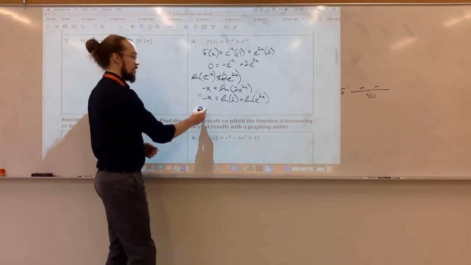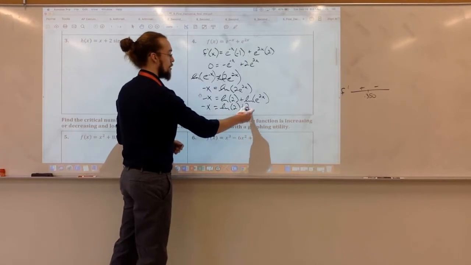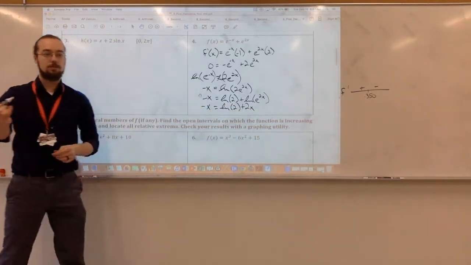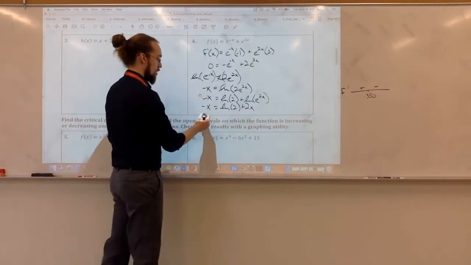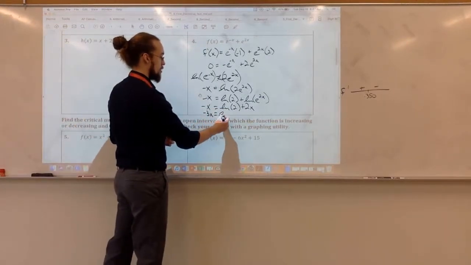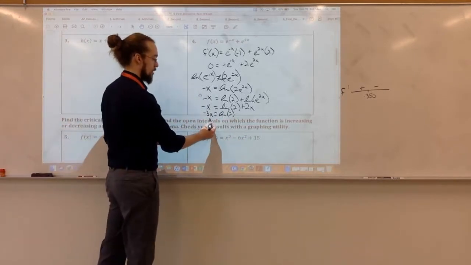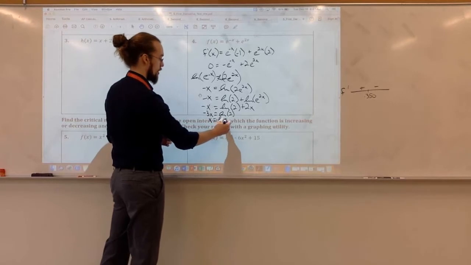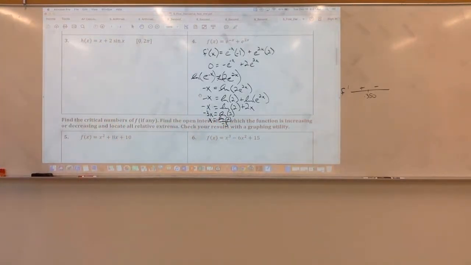Just 2x. So I've got negative x equals natural log of 2 plus 2x. Then we can just move that to the other side. Get negative 3x equals natural log of 2. Divide by negative 3. We get x equals natural log of 2 over negative 3.